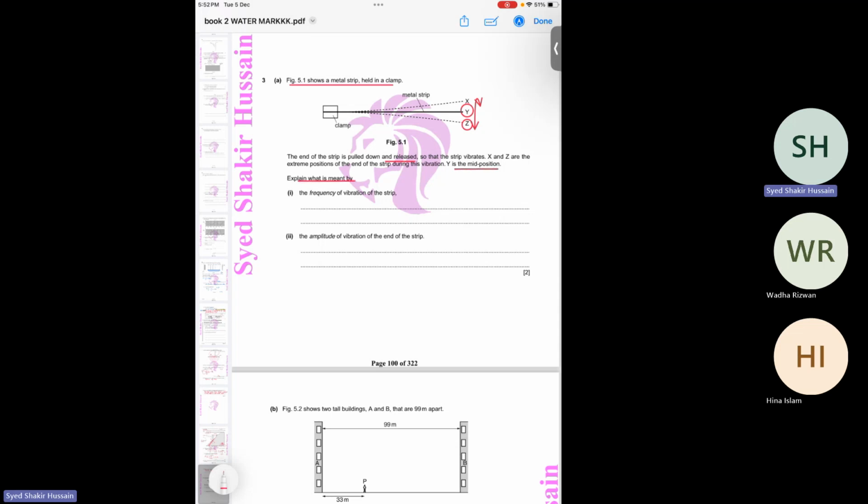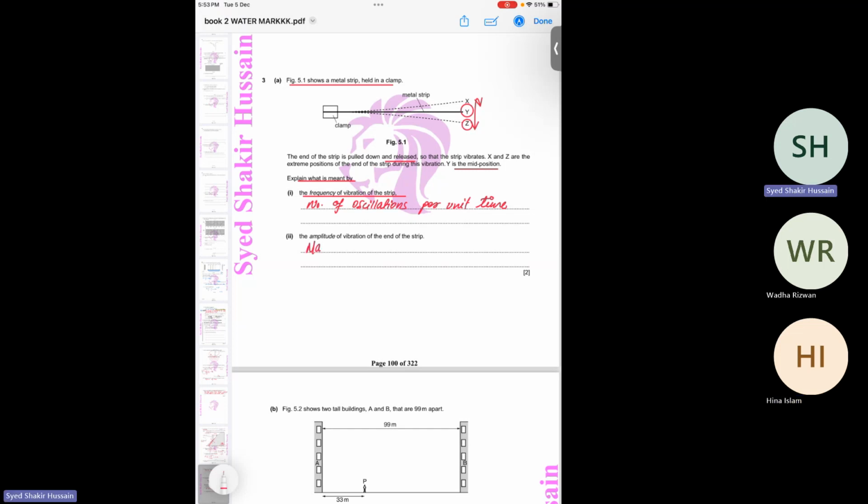Explain what is meant by frequency of the strip. Number of vibrations per unit time. Great. Number of vibrations or number of oscillations per unit time. Okay. Then amplitude of vibration of the end of the strip. Maximum distance from normal.